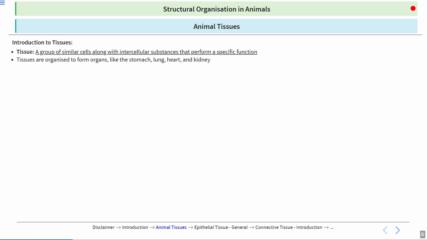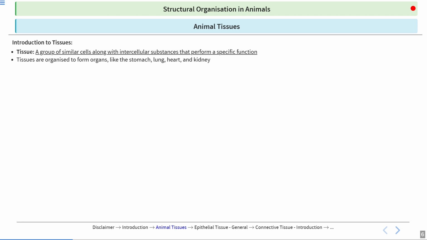So tissues are organized to form organs. Now the next level: after cells form the tissue, different tissues. There is not only one type of tissue, there are different types of tissue. So different tissues organize together to form organs. Organs like stomach, this is one organ.